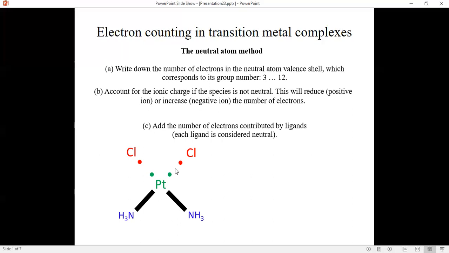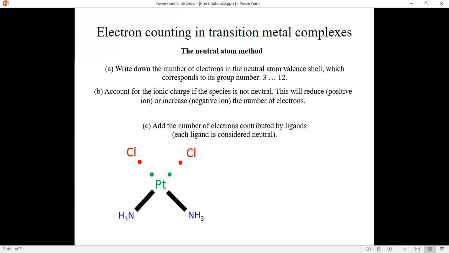Only if you do this, you produce, in this case, neutral chlorine atoms. If you assign both electrons in this bond to the chlorine, you would actually get a chloride, and that would not be a neutral ligand anymore. So in this case, you have to cleave the bond homolytically to arrive at a neutral ligand.